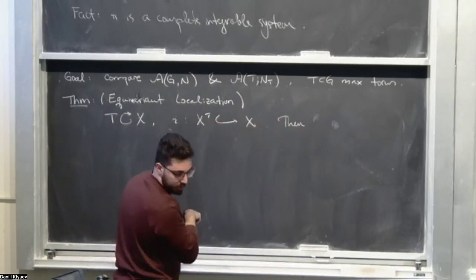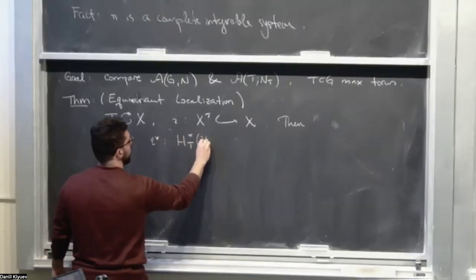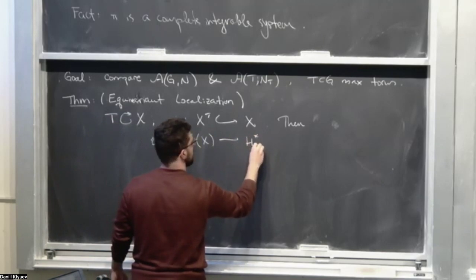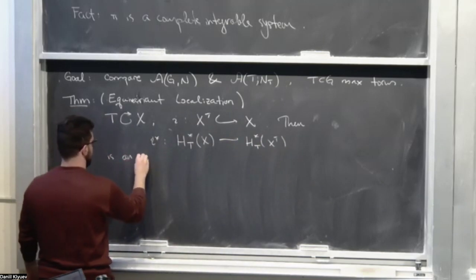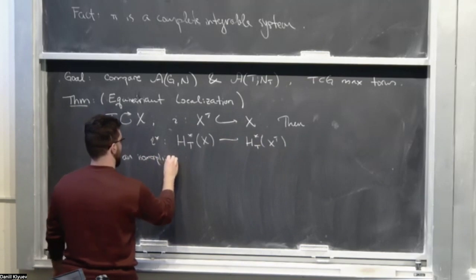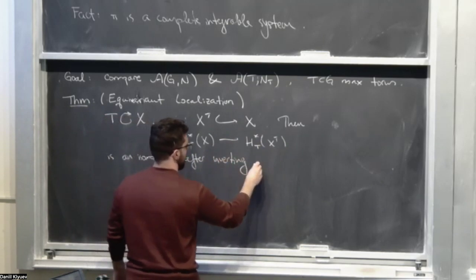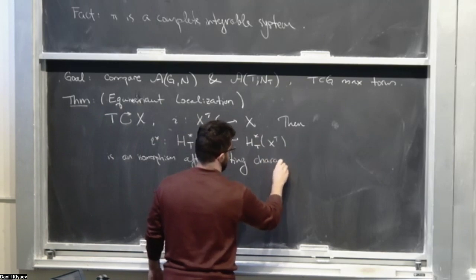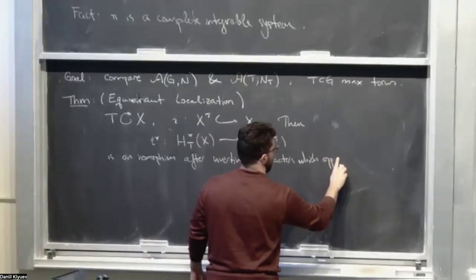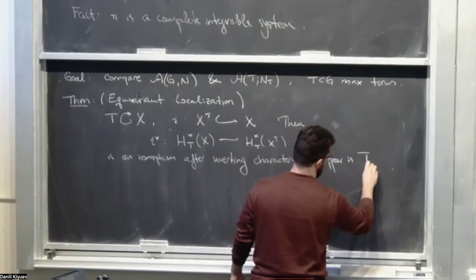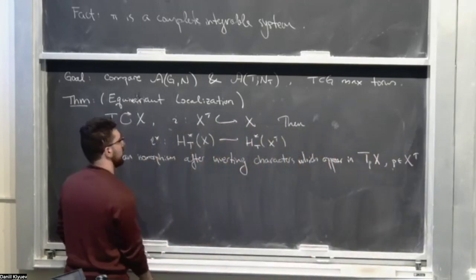Then the pullback map in equivariant cohomology of X to equivariant cohomology of the fixed points is an isomorphism after inverting characters which appear in the representation T_pX for all p in the fixed points. In particular, it's injective.